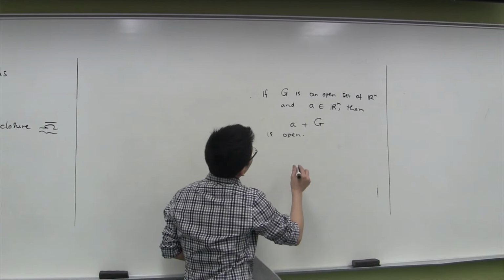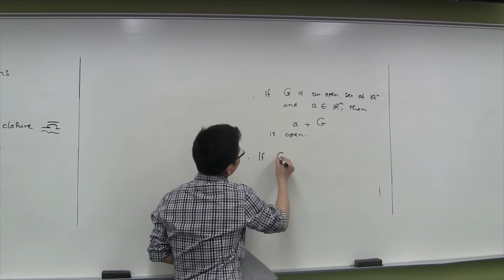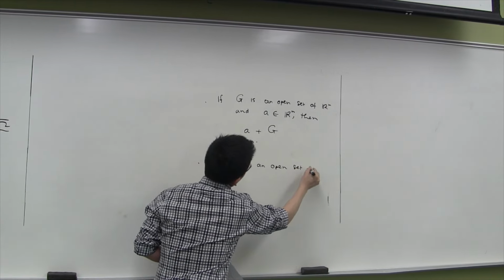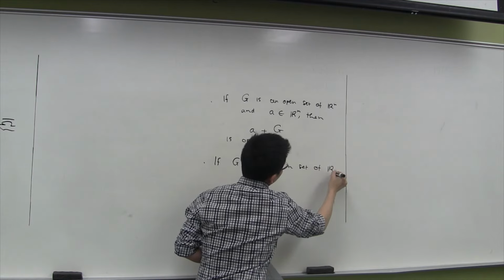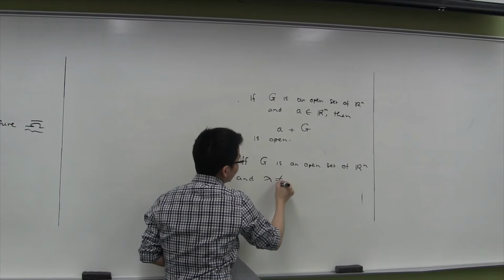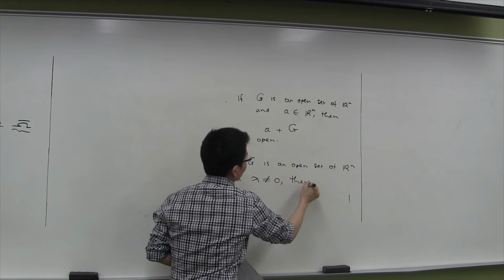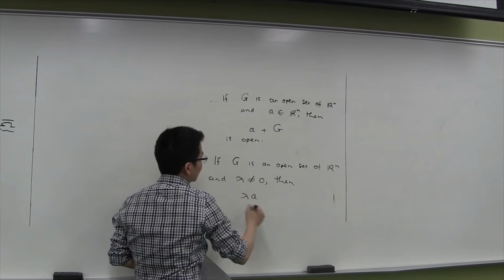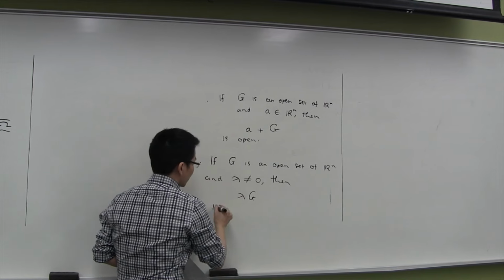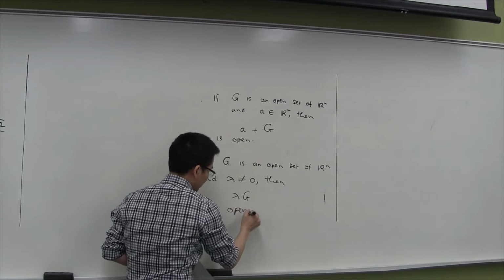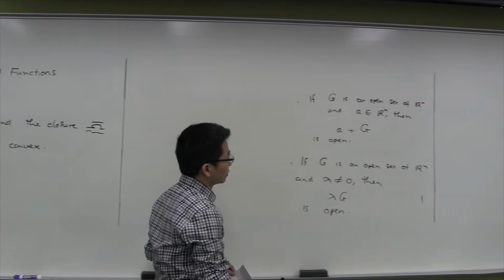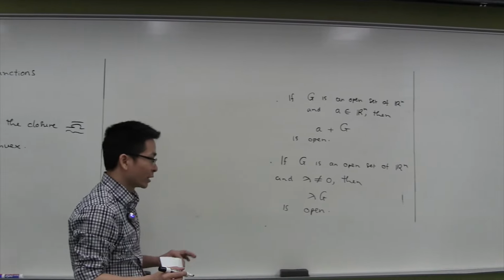We can also prove that if G is an open set of Rn and lambda is a non-zero scalar, then lambda G is also open. And then we also use the following fact.